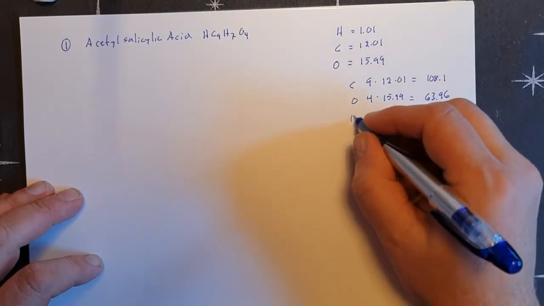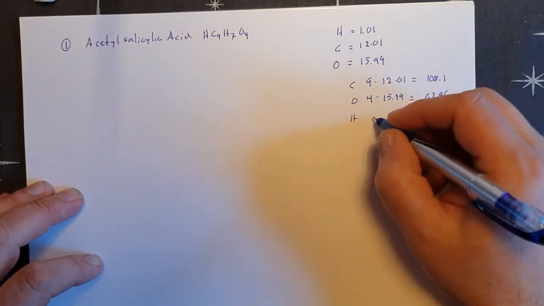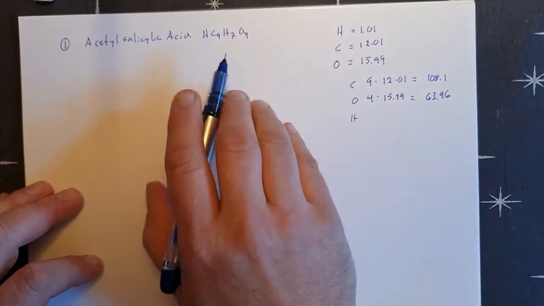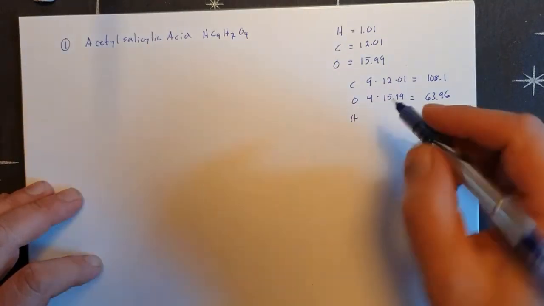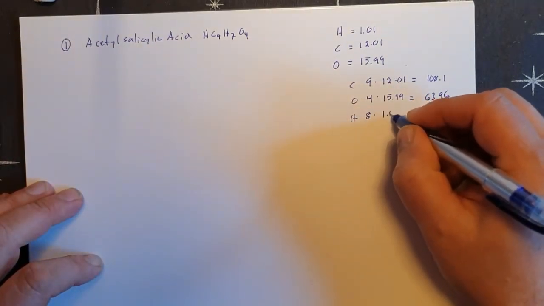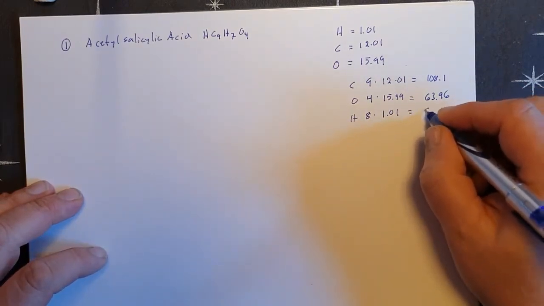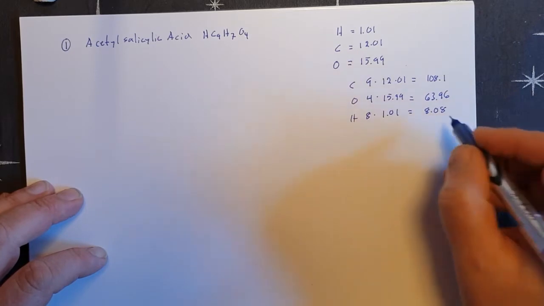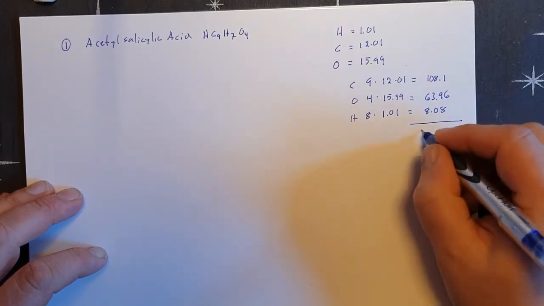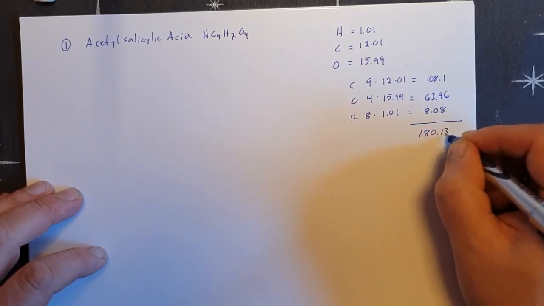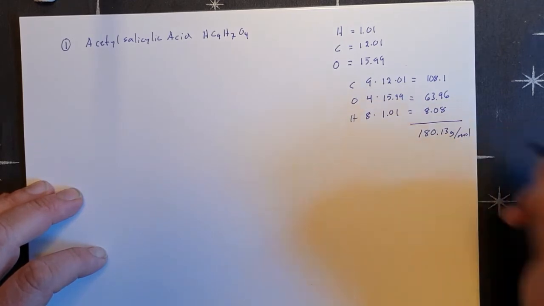And then we have hydrogen, and this is a little tricky, there's 7 and 8, so 8 times 1.01, which is then 8.08. If you add these together, you get 180.13 grams per mole.